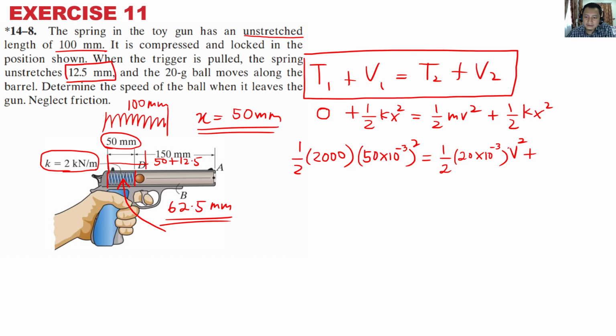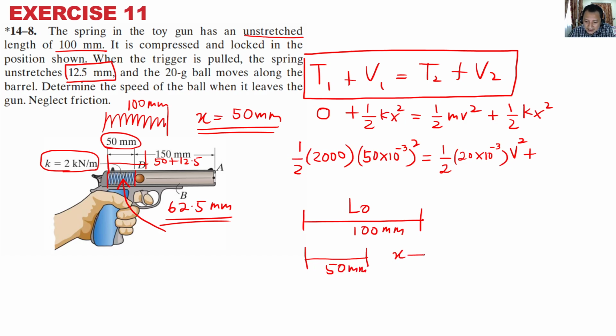Tapi elongation lah akhir kita. Okay. Remember this one. Ini adalah L0. L0 berapa? 100 mm. Okay, ini kita compress dia. Jadi berapa? 50 mm.